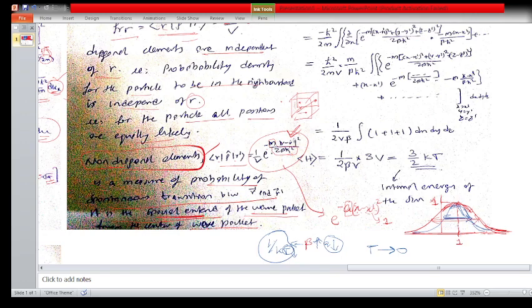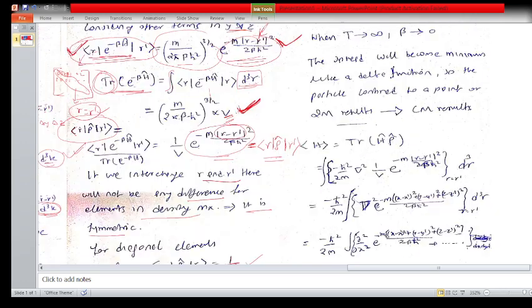The total value of this exponential will be approaching towards 1, which means that your spread will be very small, because you will be having a sharp peak at this one, like a delta function. This will become nothing but a delta function, maximum value at this. So when temperature becomes 0, or approaches 0, this spread will be minimum. Okay, then we can locate that particle at that particular position exactly.